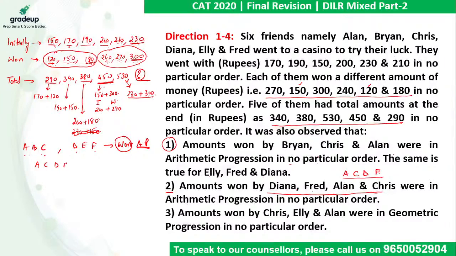So for A, C, D, F, one thing is clear: the amounts being in AP, the four values must be 120, 180, 240 and 300.